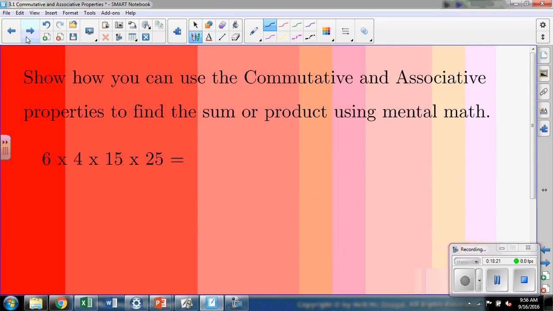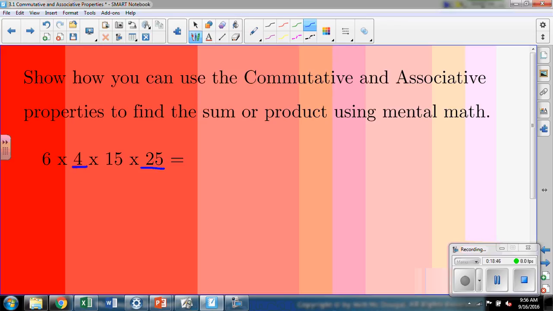So let's do the same process. Which numbers could you multiply and create something that's really easy? Recognizing that 4 times 25 is pretty easy. Those are numbers we want together.